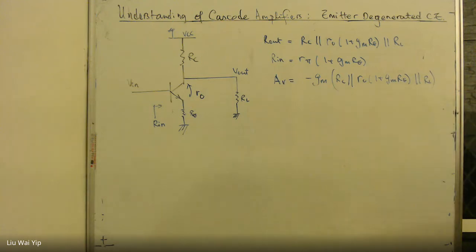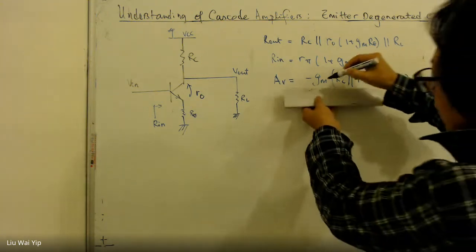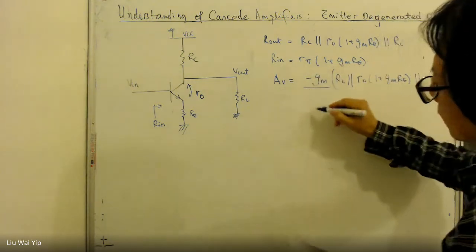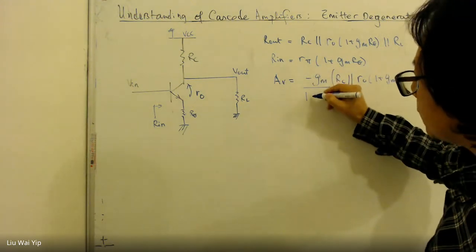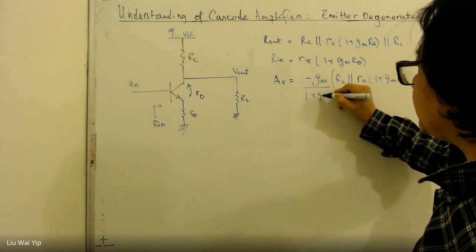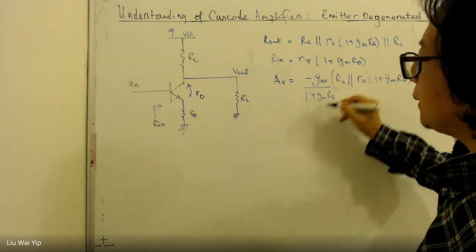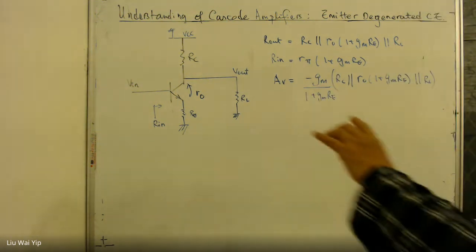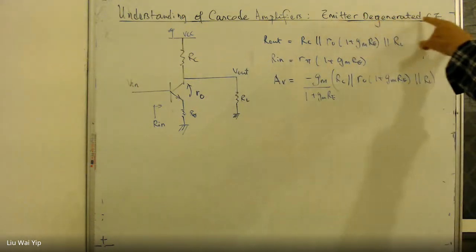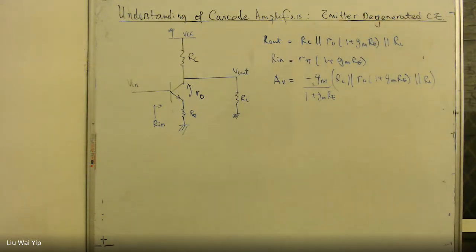And the transconductance, GM, will become scaled down by 1 divided by 1 plus GMRE. So this is the basics of the Emitter Degenerated Amplifier.